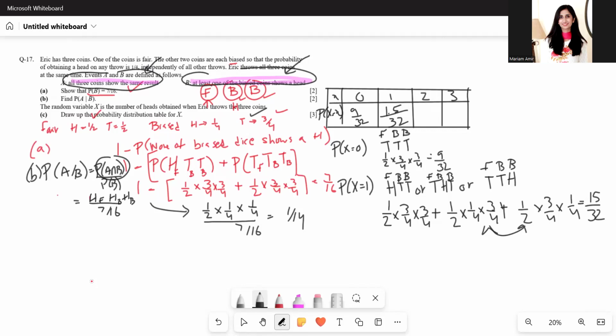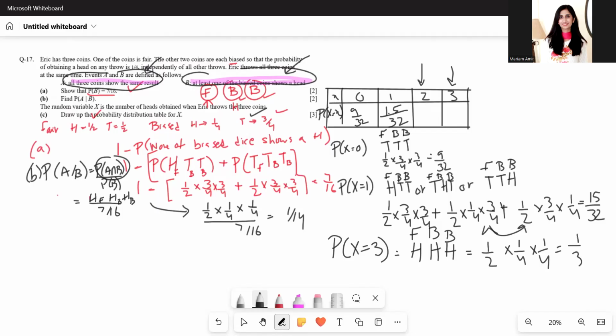Okay. Next, we have to find the probability of getting 2 heads and then probability of 3 heads. What I'll do, I'll directly find for 3 heads because that's a lot easier. Head on the fair one, head on the biased one, head on the biased one. So half times 1 by 4 times 1 by 4, which is 1 over 32.